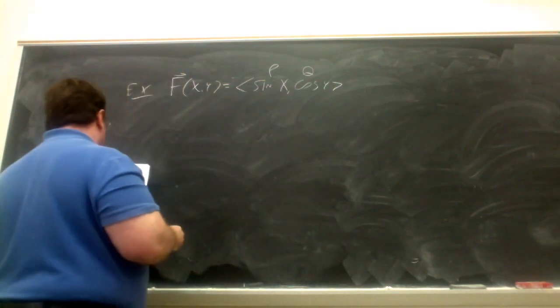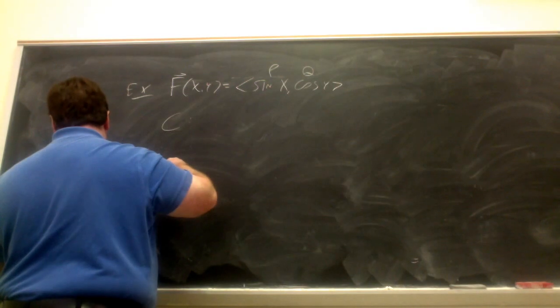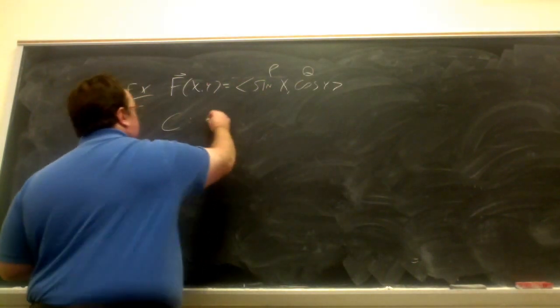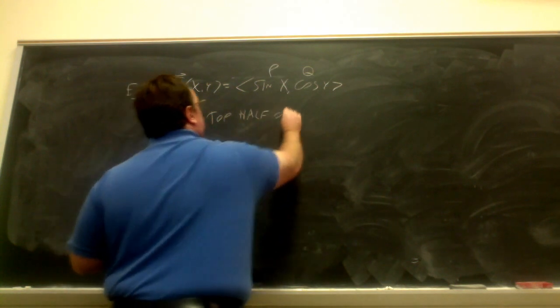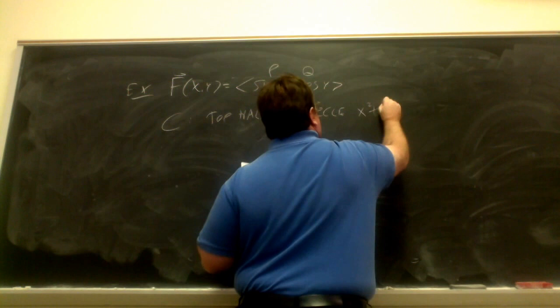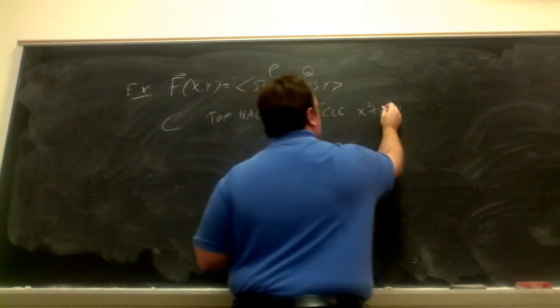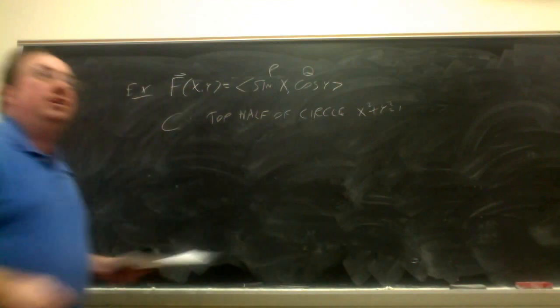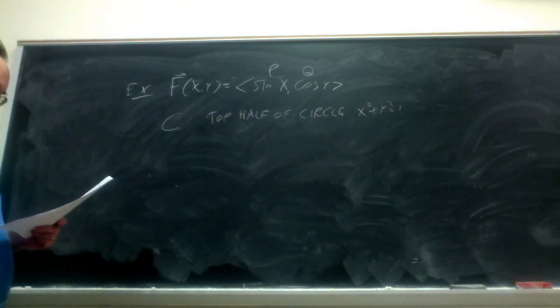And for the first curve that we'll do, it's the top half of the unit circle, x squared plus y squared equals 1. So sometimes a curve might be described using an equation like this, and you have to come up with the parametric equations.